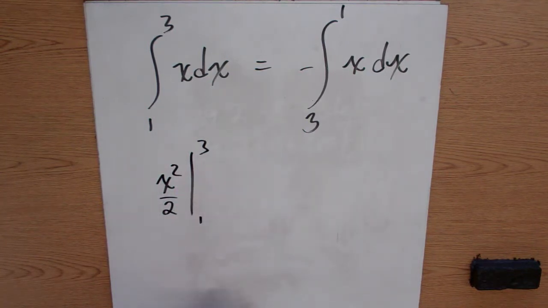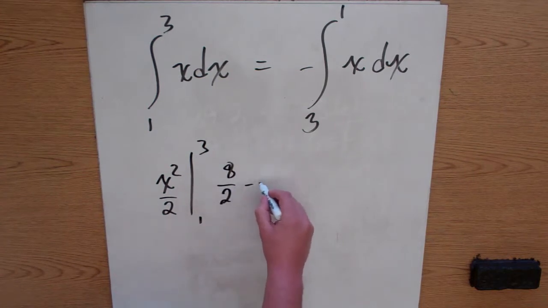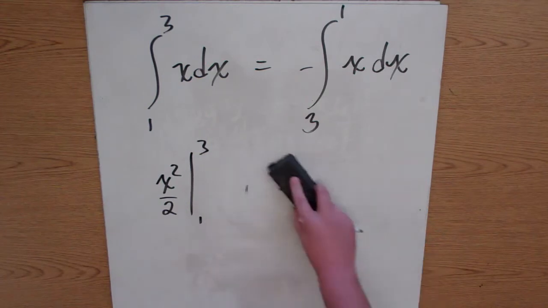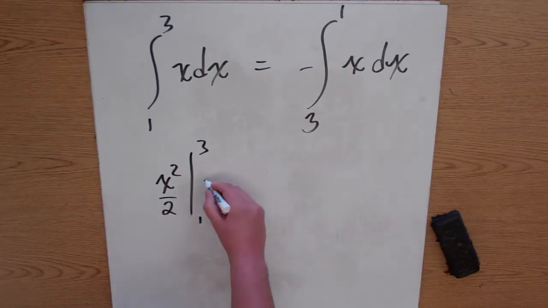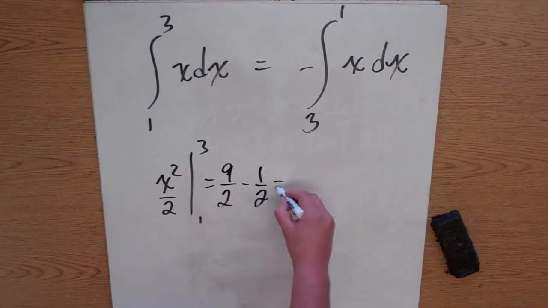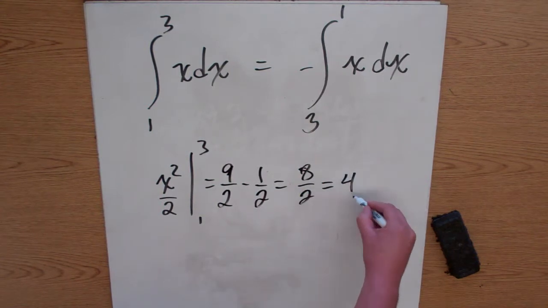When you put a 3 in there, you're not going to get 8 over 2, you're going to get 9 over 2. 9 over 2 minus 1/2, which equals 8 over 2, which equals 4.